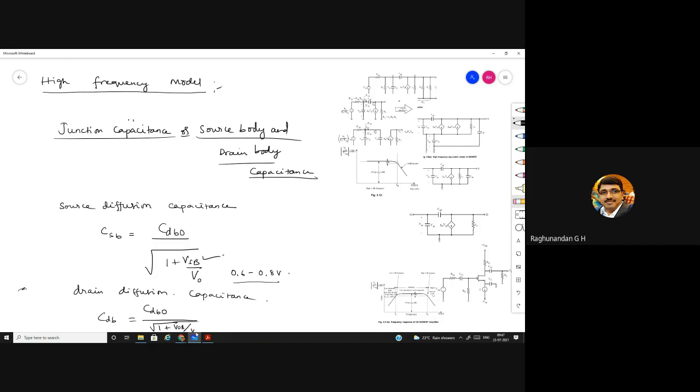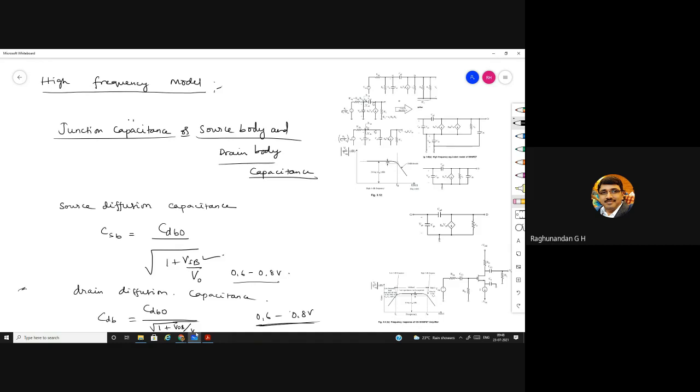Here also same way, it is the capacitance under zero body bias potential, and VDB is nothing but the reverse bias voltage with respect to the drain, reverse bias condition under drain, and also we are having V0. It is nothing but the built-in voltage or cut-in voltage across the capacitance, and again this is also equal to 0.6 to 0.8 volt. So these are the two formulas which we are going to use.